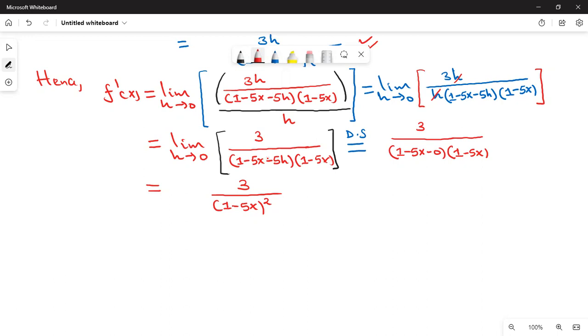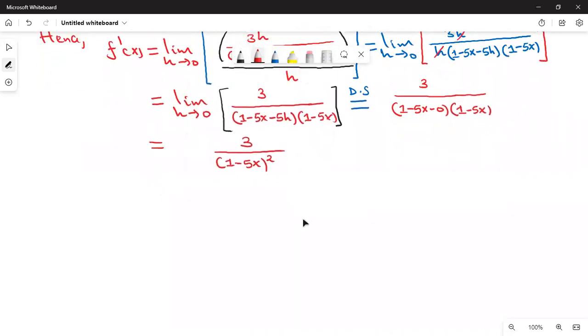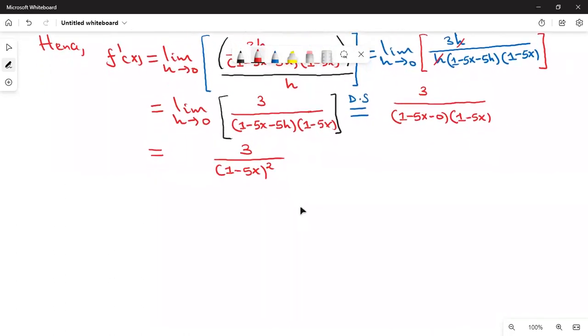Another example is when we have a trigonometric function. Let me write it as part D, example number 4. We are told that f of x is equal to cosine of x.